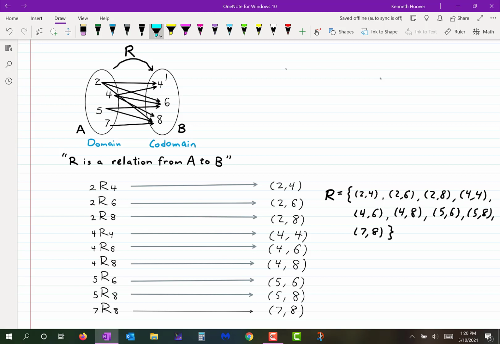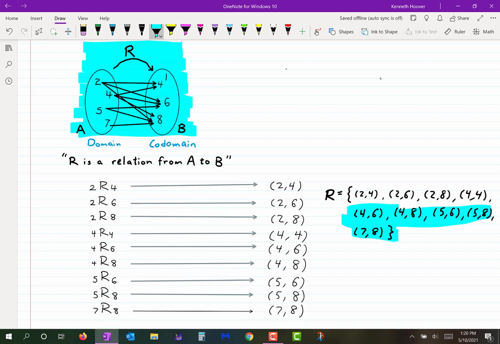Let me just review, okay? This type of a thing here, that's called a relation. A relation can also be represented like this. Each individual relationship can be represented as an ordered pair or like this.